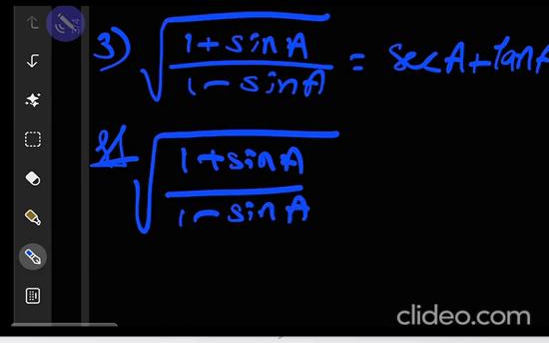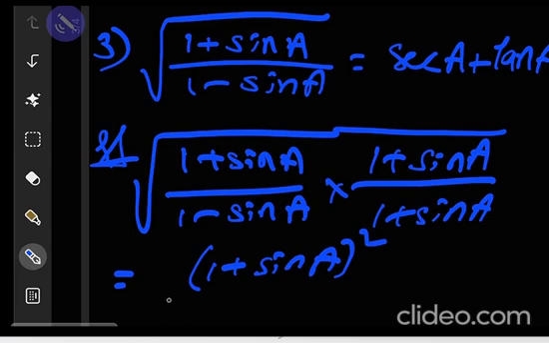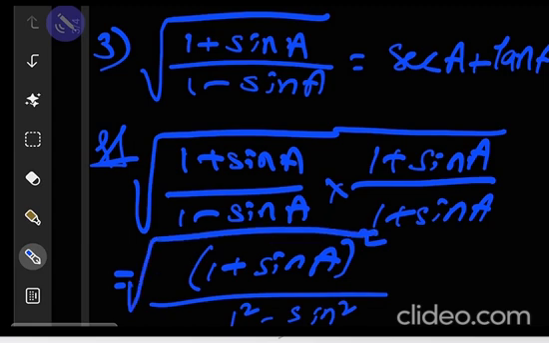Now we have to rationalize it by multiplying and dividing by 1 plus sine A. So this is equal to (1 plus sine A) whole square divided by, this is in the form of (A minus B) into (A plus B), which is 1 square minus sine square, right? So whole under root.